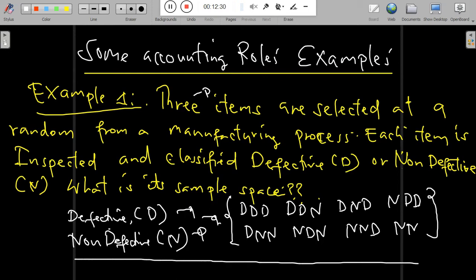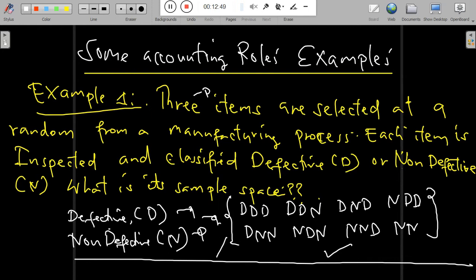Since we do not know exactly what is selected, maybe the first is DDD, then DDN, then DND, then NDD, then DNN, then NDN, NND, and NNN, as you can observe.